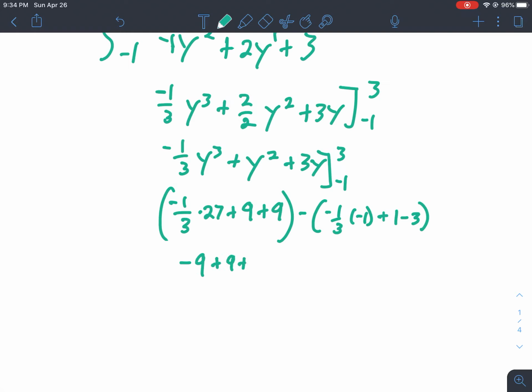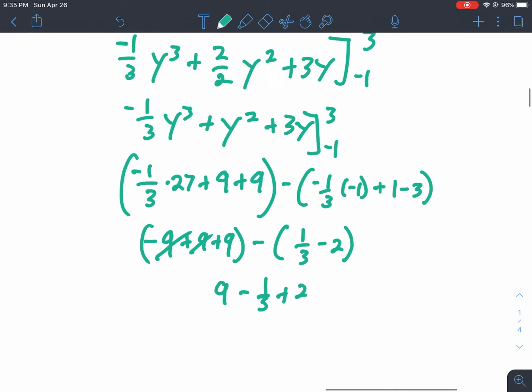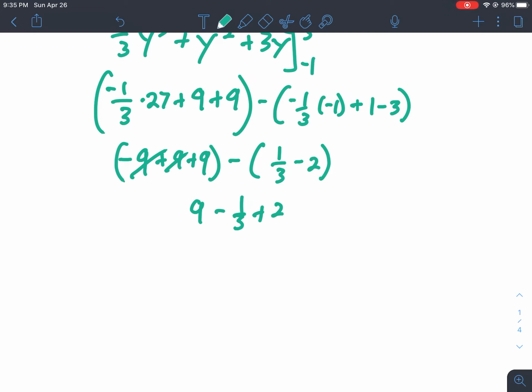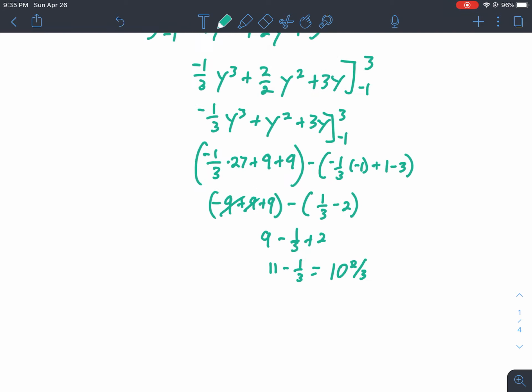Plus 9 plus 9, minus negative times a negative is a positive. So it's 1/3. 1 minus 3 is minus 2. Negative 9 plus 9 is 0. So I have 9 minus 1/3 plus 2. Okay, 9 plus 2 is 11, minus 1/3 is 10 and 2/3.